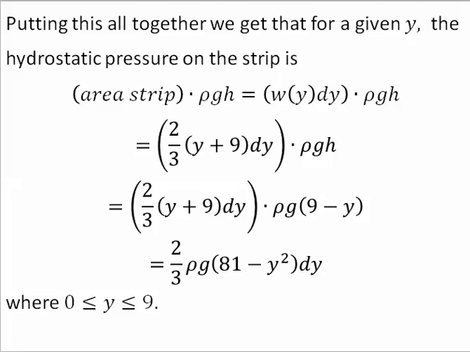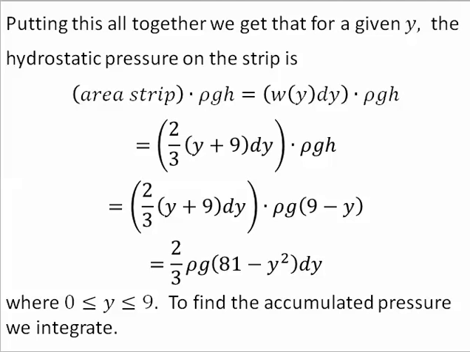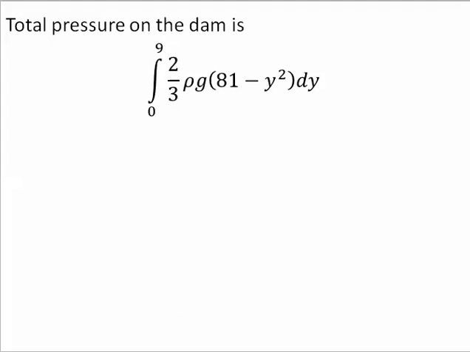Now this is the hydrostatic pressure on one strip, where the strips run between y equals 0 all the way up to y equals 9. To find the total accumulated pressure, we're going to have to integrate. So we take all of the strips, the hydrostatic pressure on each strip, and add them up with y going from 0 to 9.